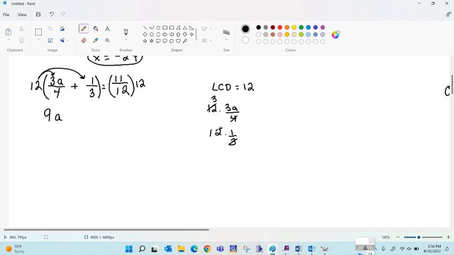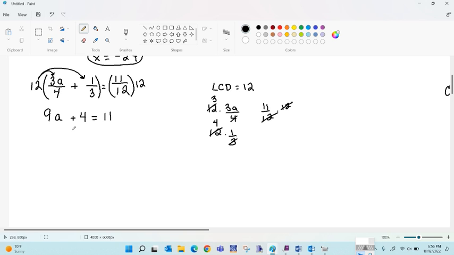The 3 cancels with the 12, and that leaves me with 4 times 1, which is 4. 11 twelfths times 12. The 12s will cancel, and you're left with just 11. And at that point, that's when you can easily do the problem.